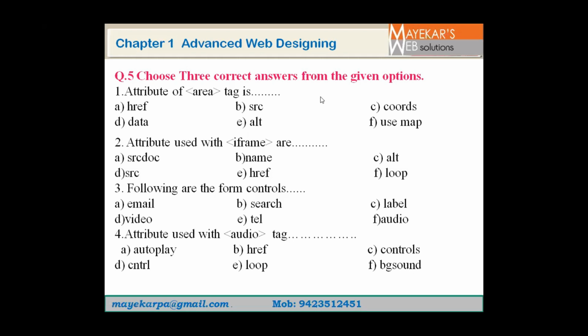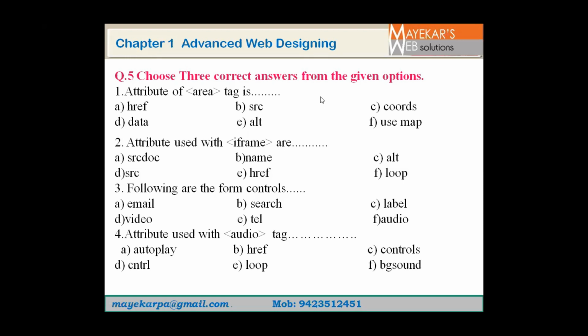Data, no, not valid. Alt, yes, it is right, because alt attribute is used to give alternate text for the hotspot. Means which hotspot is not creating any link, but the information related to that can be specified in alt attribute. So alt attribute is a valid attribute for area tag.